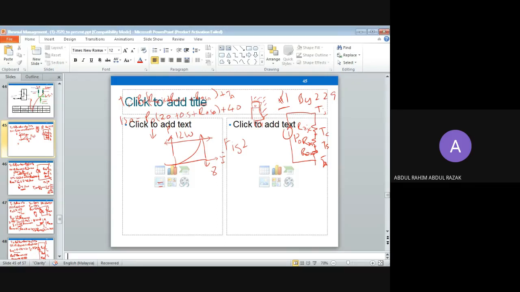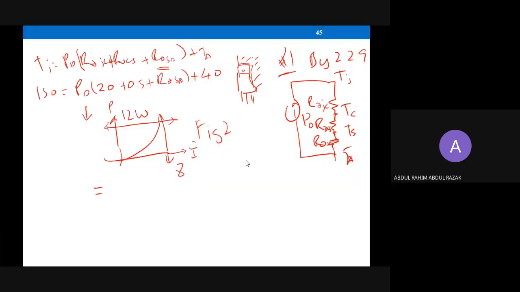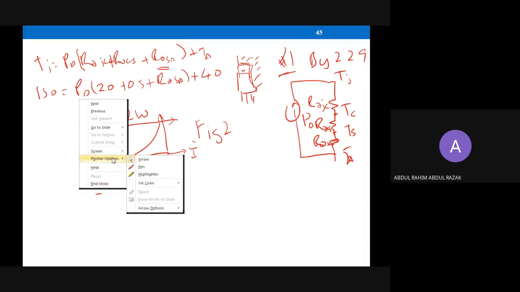So 12 watts. You put that 12 watt into your calculation, so we'll get the value of the heatsink that we need.